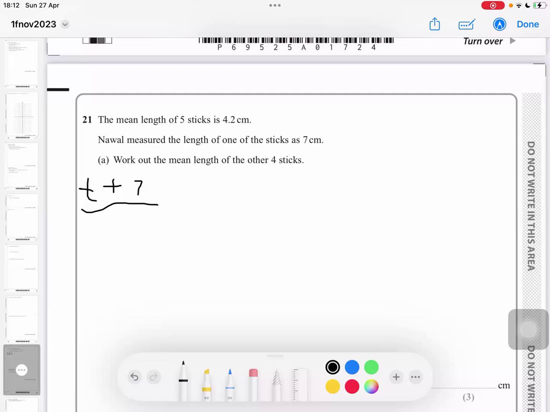Yes, over 5. So you can put 5 in the denominator over there. No, not pi, 5. Like figure 5, the number 5. Yes. So you can now say equals 4.2.